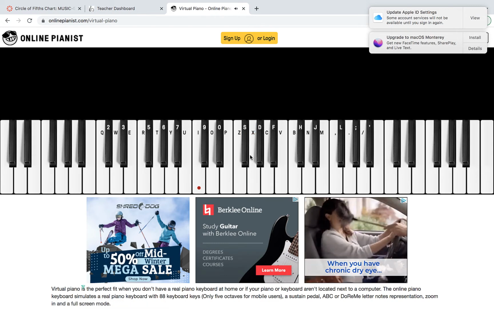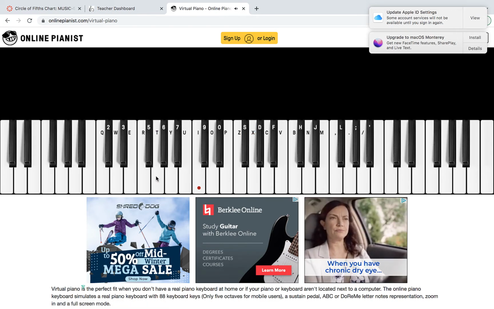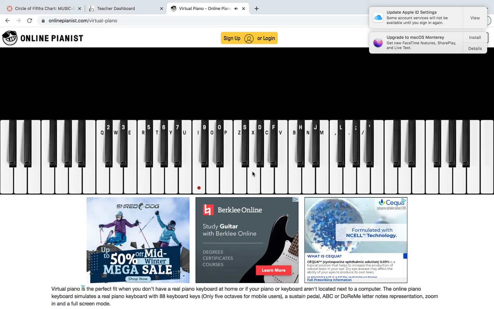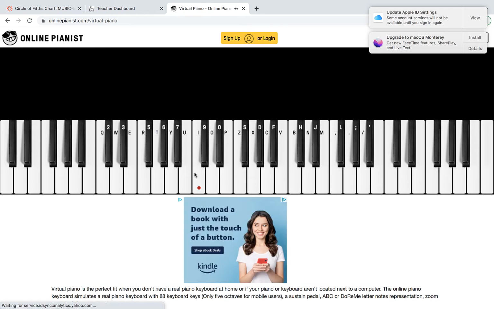So we would say in the key of G, G's number 1, B's the 3rd, D's the 5th. Let's say this F sharp is the 7th, and G, of course, is number 1. 1 and 8 are the same letter.